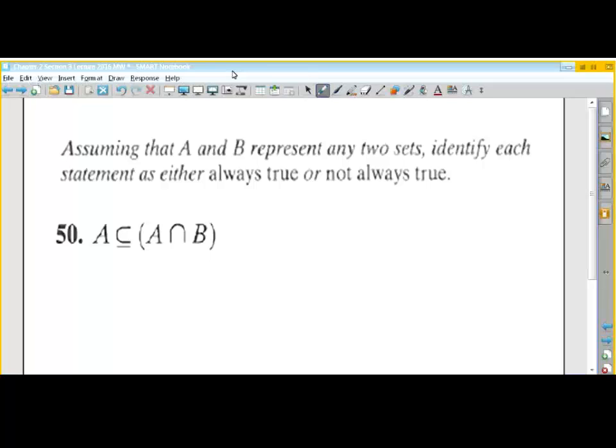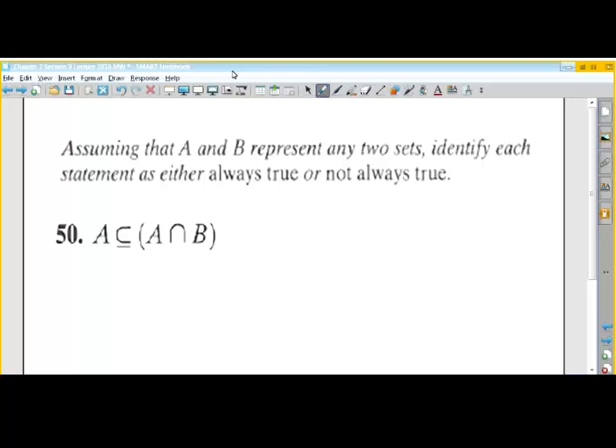So look at that. What this is saying is A is a, what does that stand for? You should know because it's on your test today. Subset. Yeah, so A is a subset of the intersection of A and B. So we'll take a poll here. Think about that.